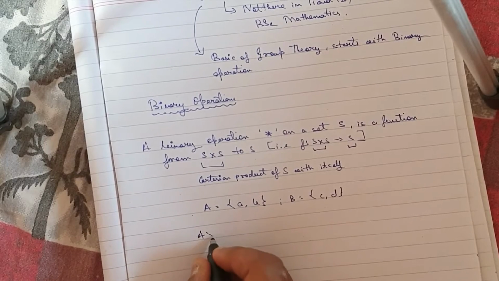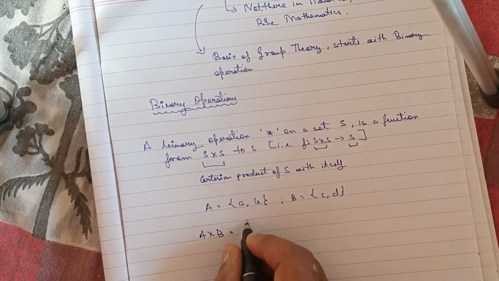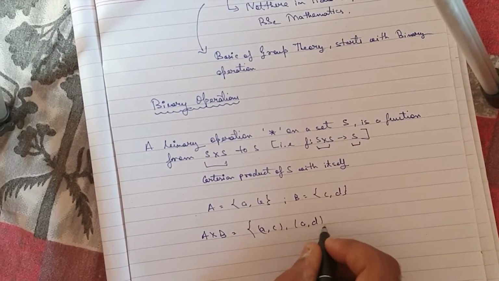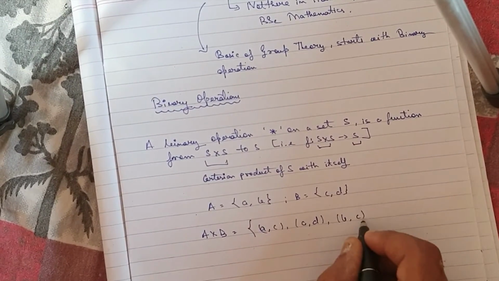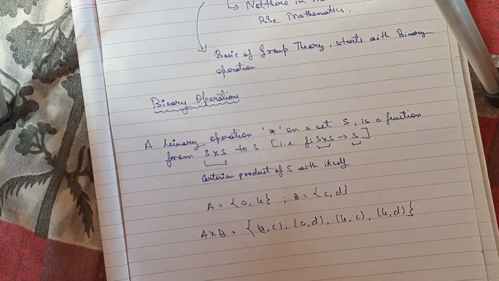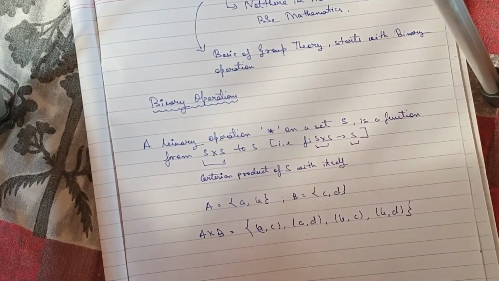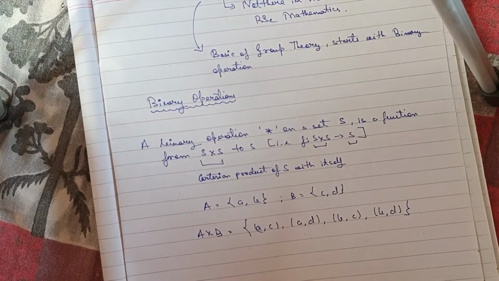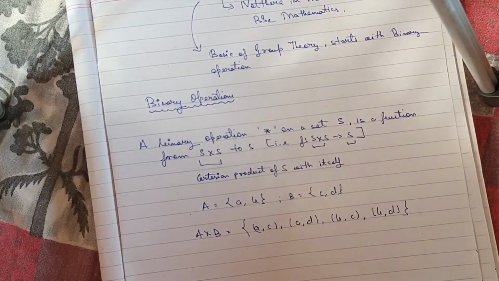So the Cartesian product A cross B is given as (a,c), (a,d), (b,c) and (b,d), right? This was the case of the Cartesian product. So binary operation star on a set S is a function from S cross S to S.